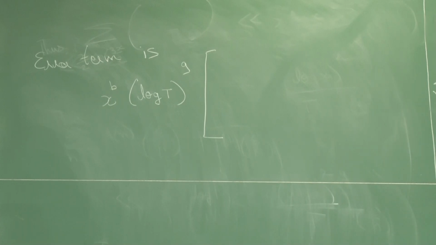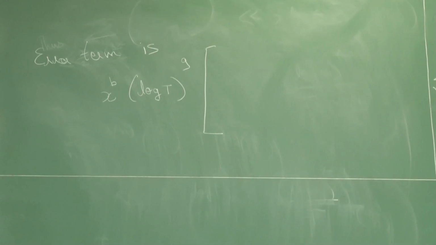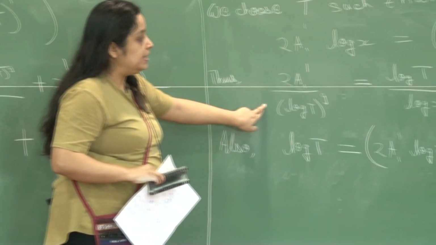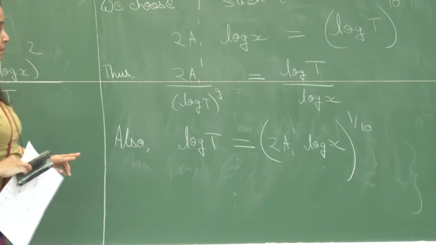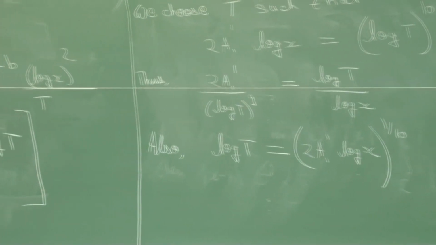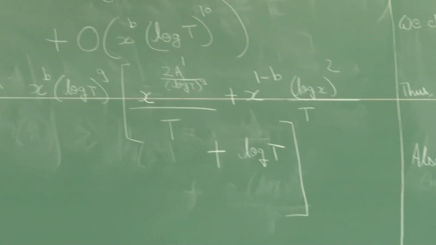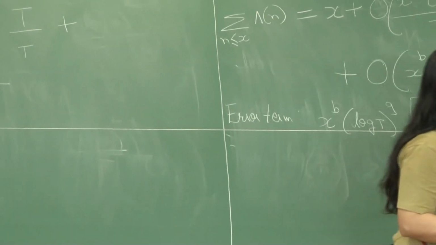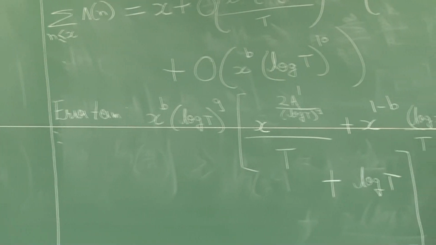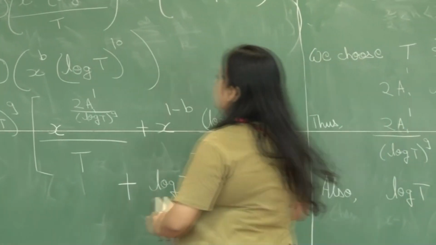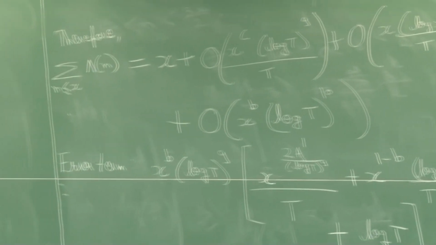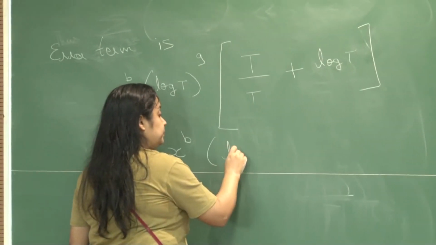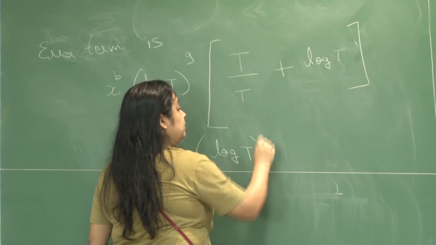This equality tells you that x raised to this quantity will just give you t itself, and then there is a t in the denominator. So you have t over t plus you just have log t, right? So this term is just giving you something which is O of 1 and you have O of log t. So what do you get? This gives you an error term x raised to the b times log t raised to the power.